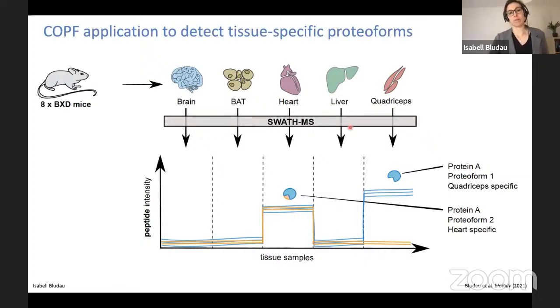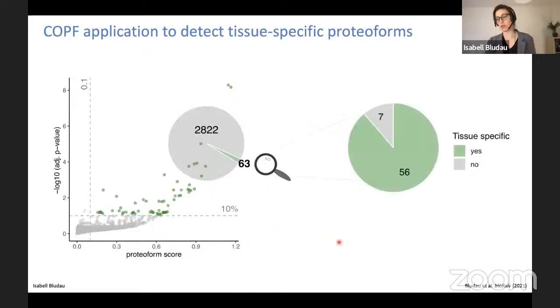Here we measured 8 BXD mice and took 5 different tissues and looked at whether we can find any tissue-specific proteoforms. And overall in this data, we could see 63 significant proteins with proteoforms, and almost all of them we could confirm to be tissue-specific based on a condition-aware ANOVA analysis.